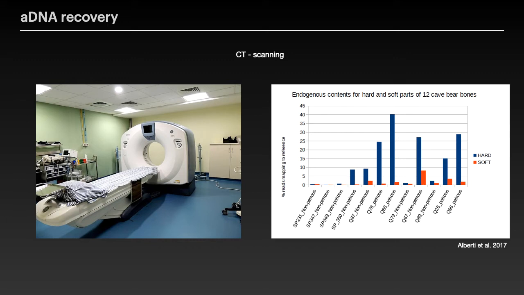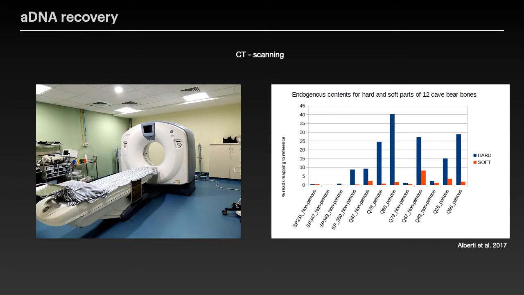So we can see a clear pattern that all samples that have been taken from the hard part of the bone end up having higher content of endogenous DNA, which is a very good thing to consider as a method. I mean, if you have access to a CT scanner, of course.